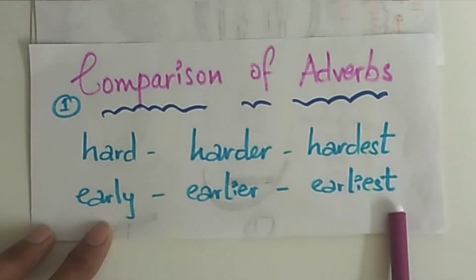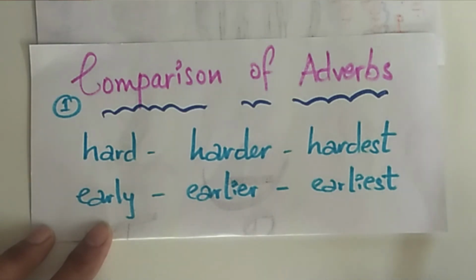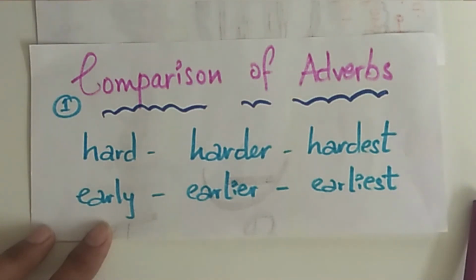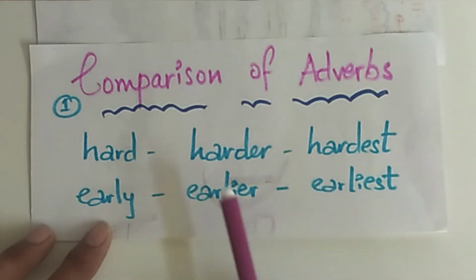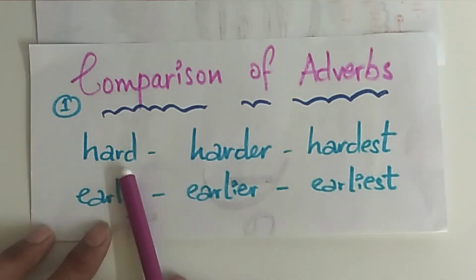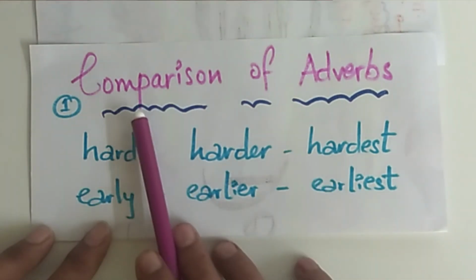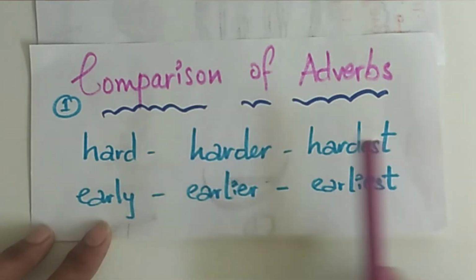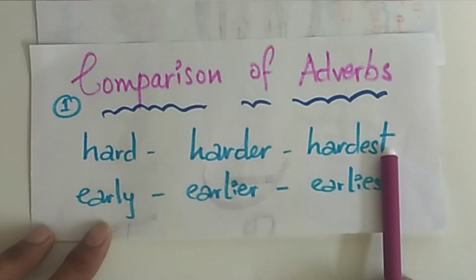By adding er and est, we can easily change an adverb and also an adjective into comparative and superlative form. So this is our first rule of changing adverbs into comparative and superlative forms.